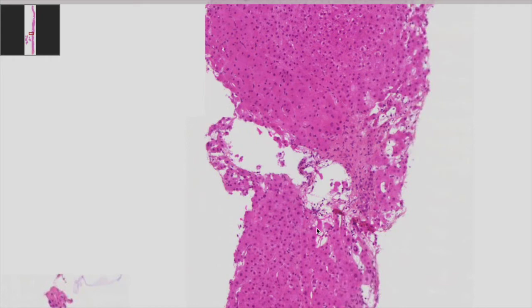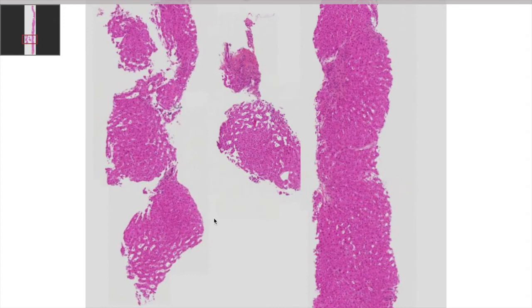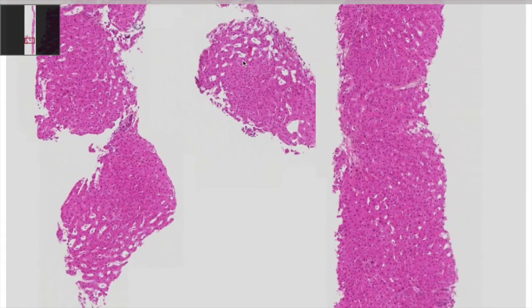So this is the main sample, and now we will look at the other fragments, and they are very important because they will lead us to the diagnosis. On these separate fragments, you have here some nodular, regenerative areas with thick trabeculae, and here some areas with a sinusoidal dilatation, and you can see the trabeculae are thin.